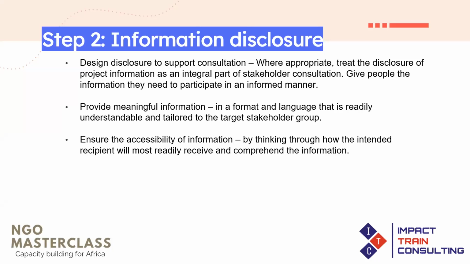For instance, if your stakeholders are community members, it may be more reasonable to disclose information through public meetings, or a focus group discussion with them. Or you ask them to give you their representatives, and you share this information with them for the representatives to go and share.